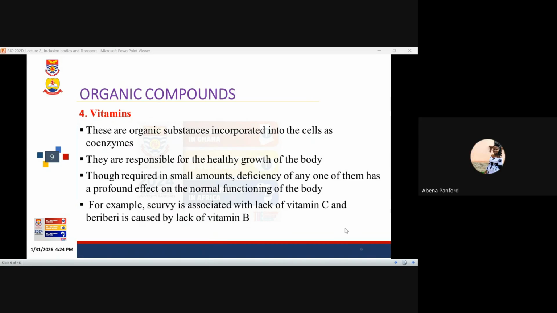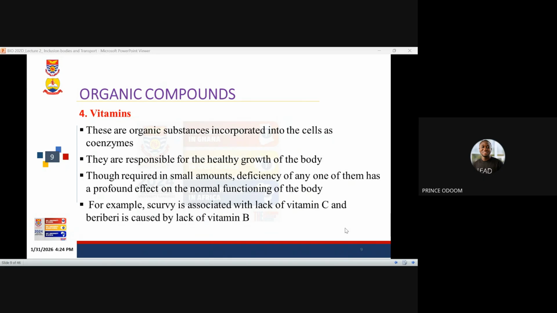It also helps for clear vision with the eyes. Yeah, so vision. Okay, Richmond. It also helps to boost the immune system. It helps the white blood cells to fight against diseases. So it helps in immune response.